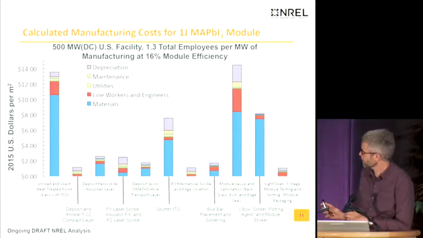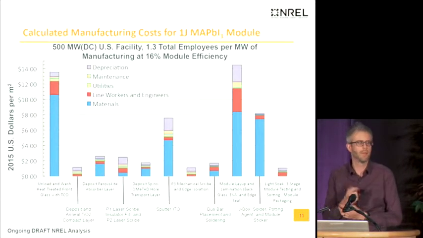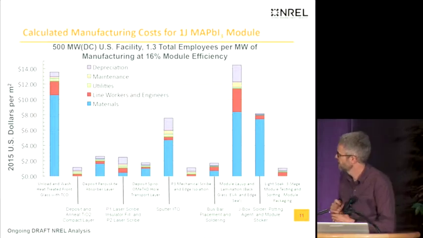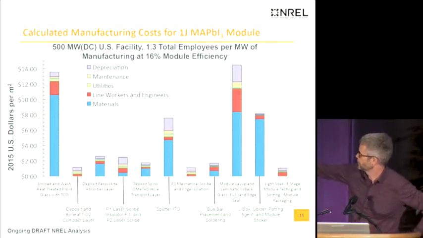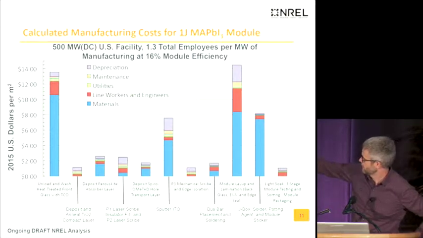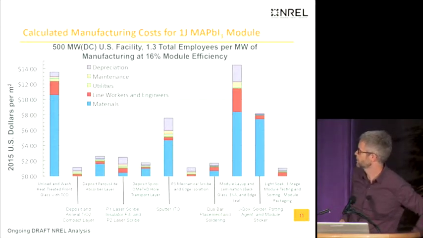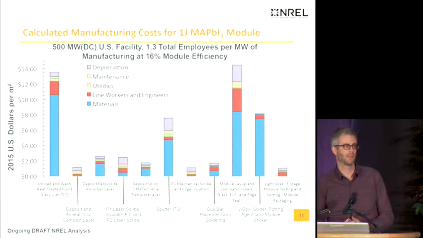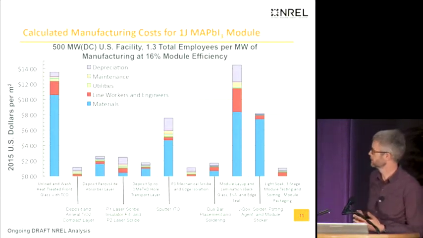And a lot of these costs we get from cadmium telluride panels. So you see how much the glass is, and over on the right you see how much just putting the whole module together and having the junction boxes costs. It's those costs alone that show you why efficiency is so important.